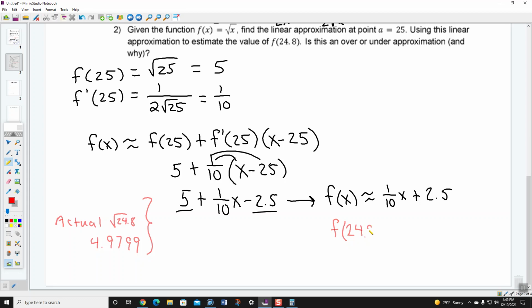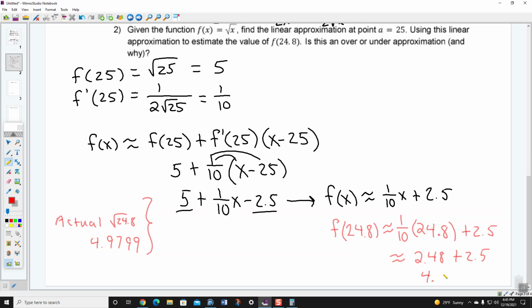F of 24.8 will be about 1/10 of the x value we're concerned with, 24.8, plus 2.5. 1/10 of 24.8 is, move the decimal one to the left, 2.48, plus 2.5. My north of Highway 3 math skills would tell me that is 4.98.